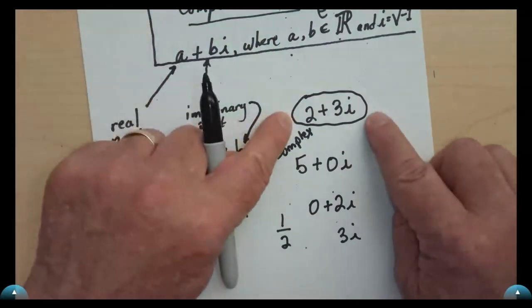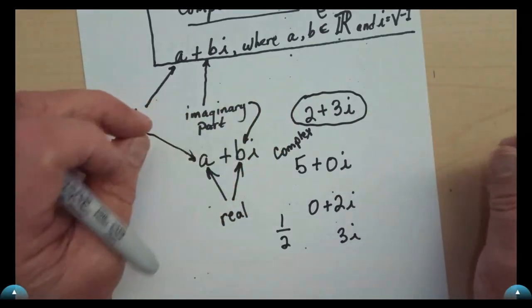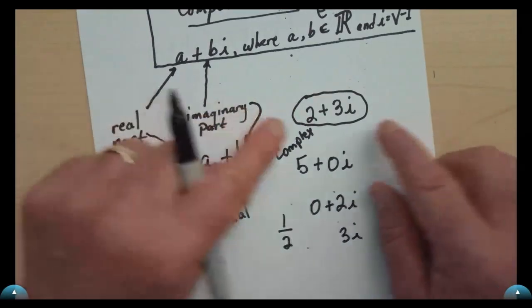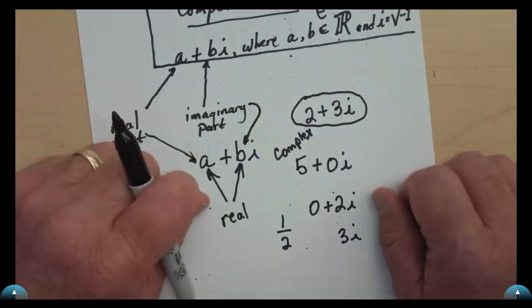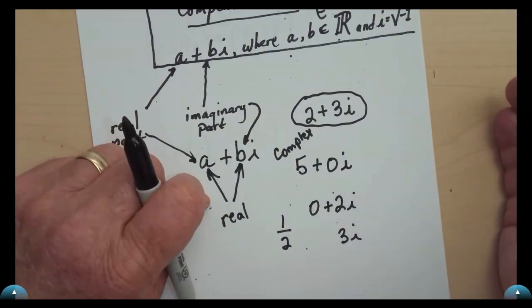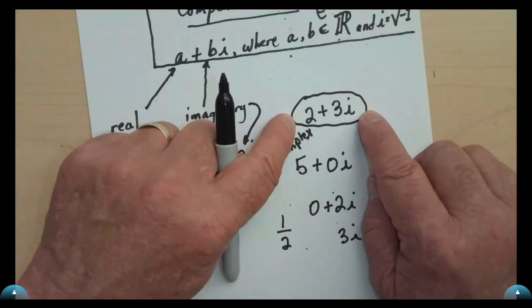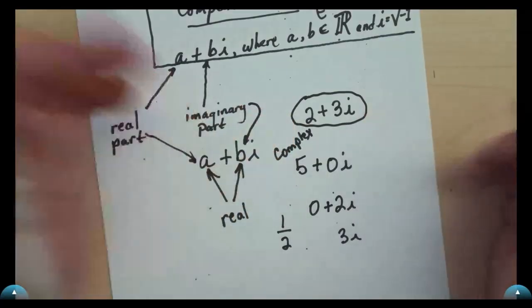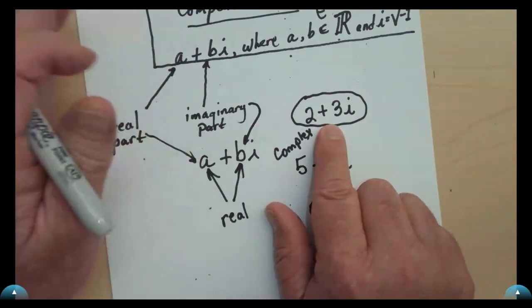We could just say it's a complex number. Now, complex number isn't really descriptive all that much. When I say complex number, I might mean a real number, or I might mean an imaginary number, or I might mean a number that's neither real nor imaginary. Complex number covers a lot of ground, so a lot of times we'll just call this a non-real number.